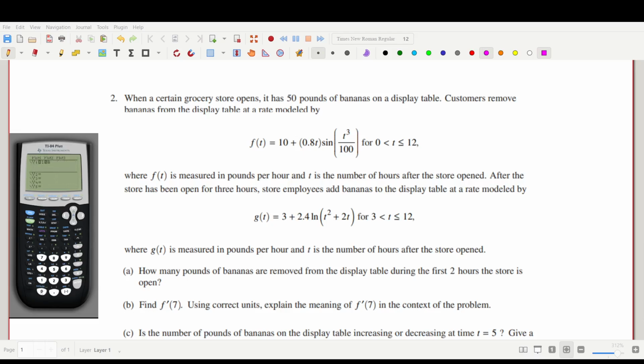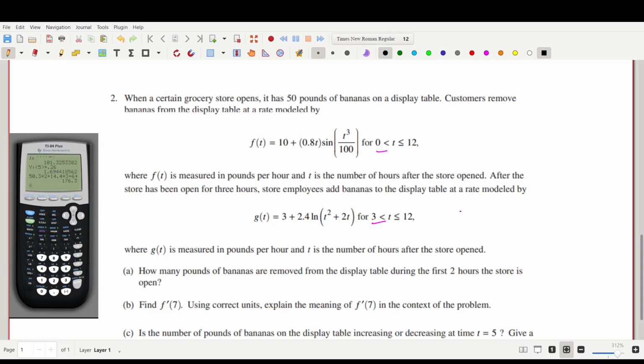Y is 10 plus 0.8 x sine of x cubed over 100. Always a good habit when you plug in sine, make sure you're in radians mode. Oh, I'm in degrees mode. See, gotta be in radians mode. And then g is 3 plus 2.4 ln of x squared plus 2x. And notice that only turns on after 3, so just be careful about that.